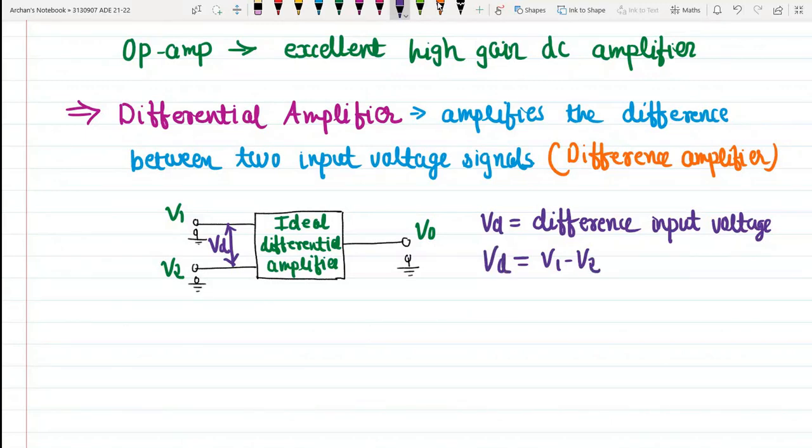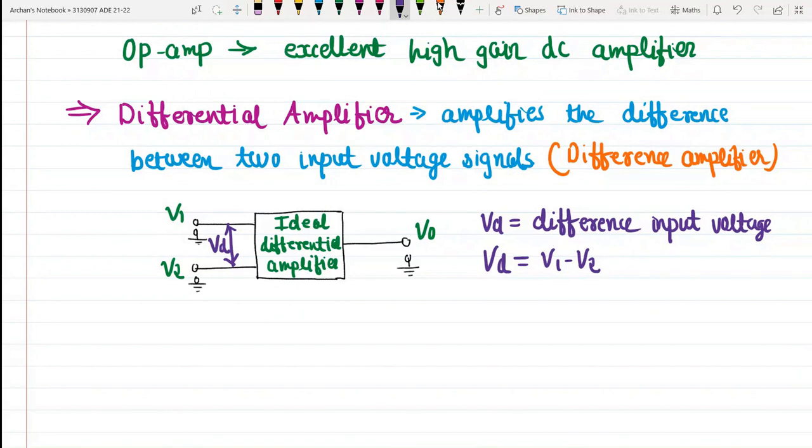This is the amount of voltage given at the input terminal. V1 and V2 are the two input signals, while V0 is the single-ended output. Each and every signal we are measuring with respect to the ground.